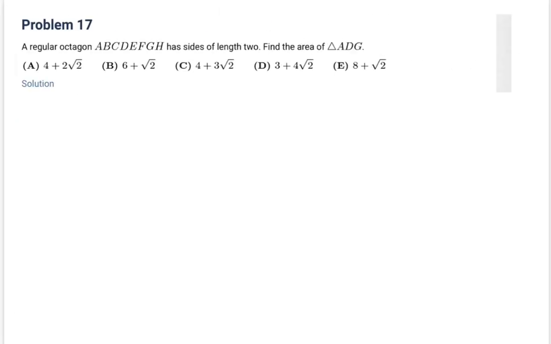Problem number 17, a regular octagon ABCDEFGH has sides of length 2. Find the area of ADG. Okay, so a regular octagon looks like this. I make a very bad regular octagon, like this.